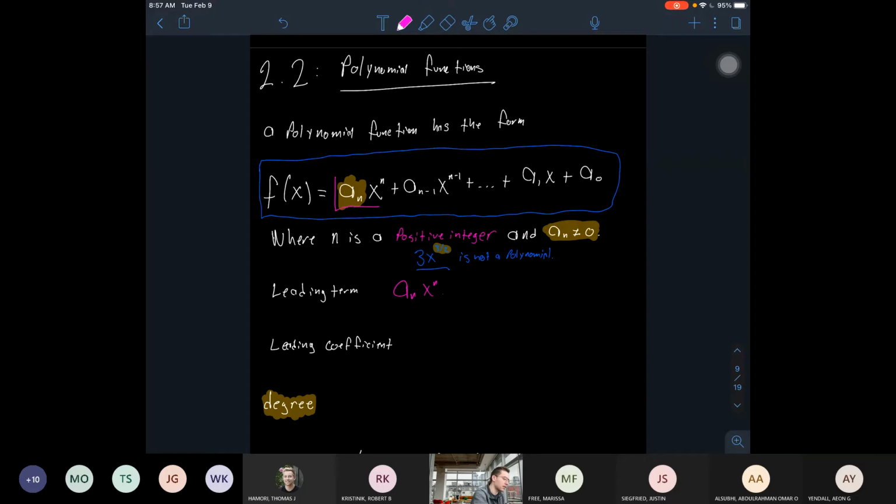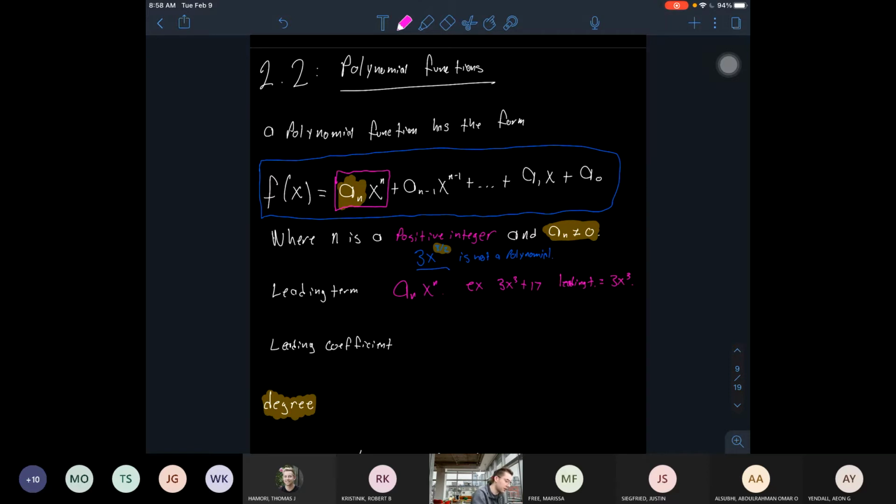So that's this very first piece in its entirety, everything that goes before the first plus sign, basically. Okay, so for example, if we have 3x cubed plus 17, the leading term is going to be 3x cubed. Okay, so that's a polynomial, and that's its leading term.